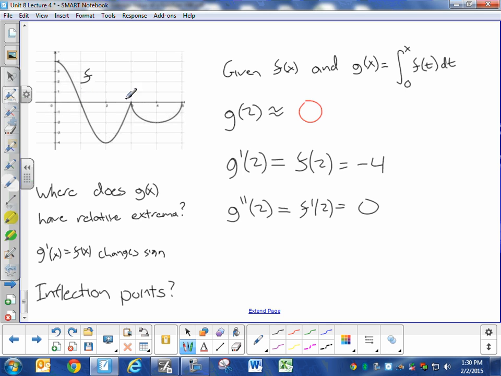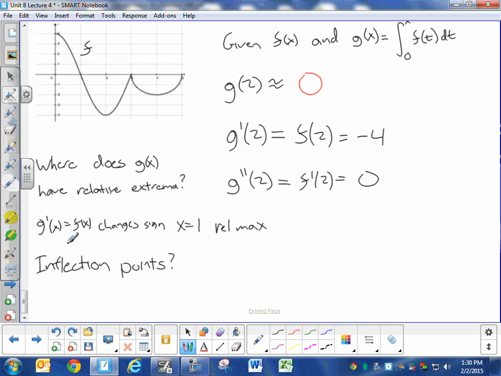It has 1, 2, 3 zeros, but it only changes sign when X is 1. So, X equals 1 is our only relative extrema. It is a max because F goes from positives to negatives from left to right at 1.